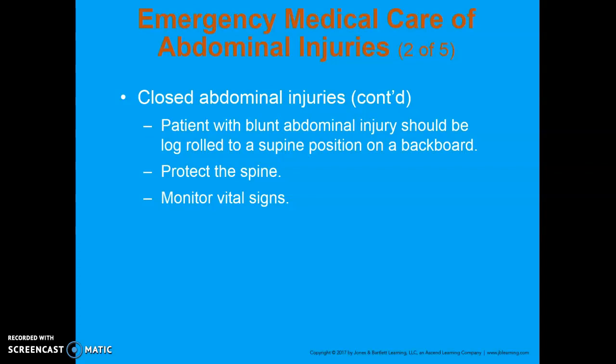Trying not to move them around too much is going to be helpful in trying to prevent the bleeding from picking up. Anytime that you start up that heart rate when somebody is bleeding internally, the faster they're going to bleed.